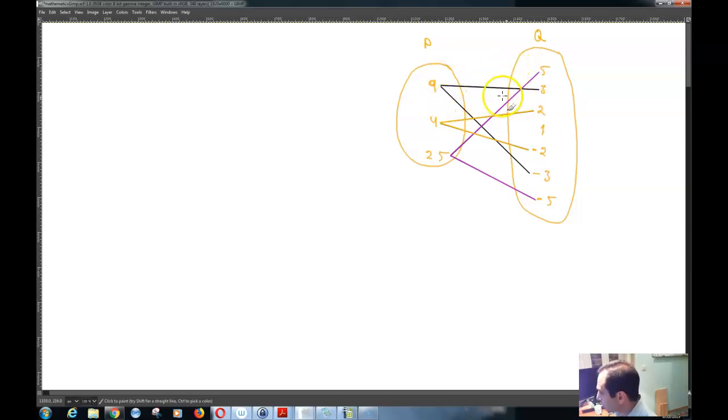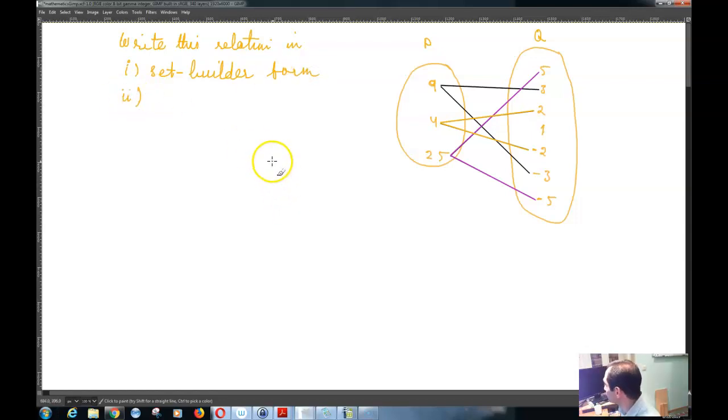Now you want to write this relation in set builder form. Write this relation in, number 1, set builder form, and number 2, roster form.